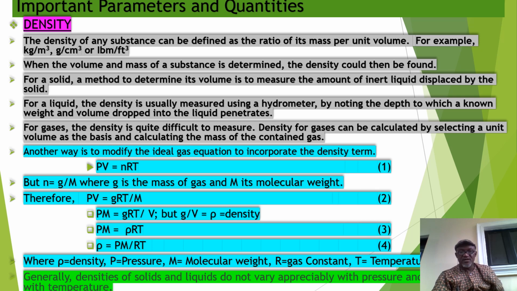Remember we said mass per unit volume. Therefore, density rho is equal to pressure multiplied by molecular mass divided by RT. R is our gas constant and T is the temperature. So generally, densities of solids and liquids do not vary appreciably with pressure and temperature, but that of gases vary.